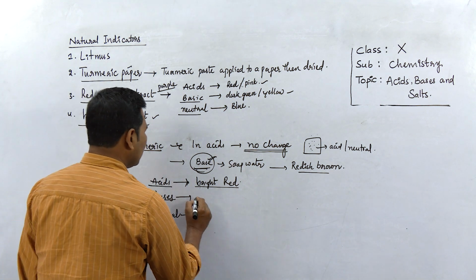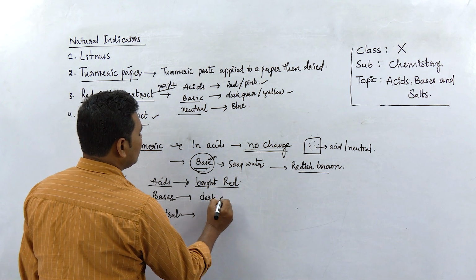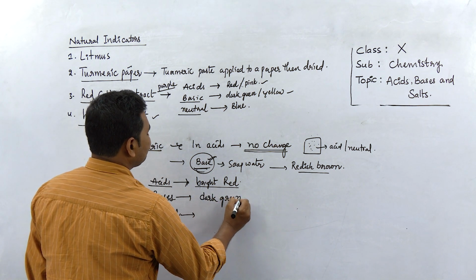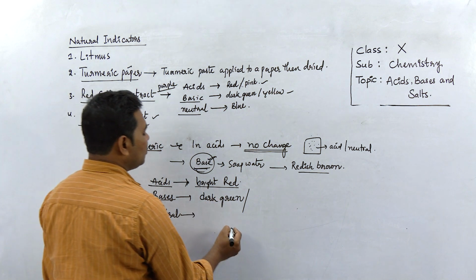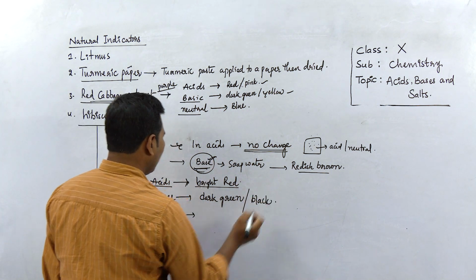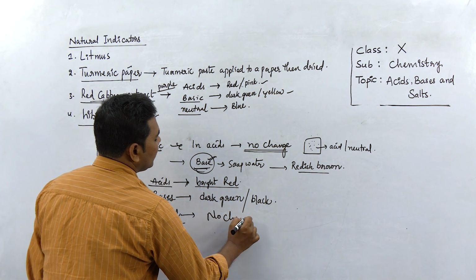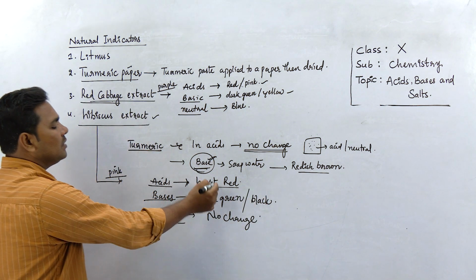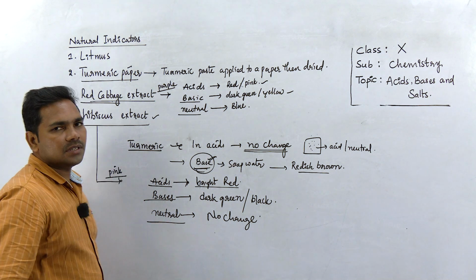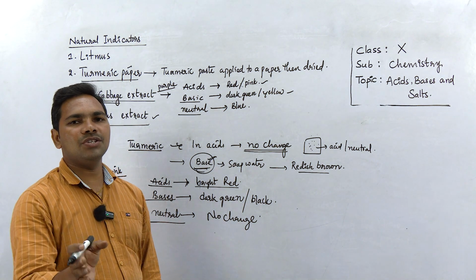And in bases, it turns into dark green or almost black. Then in case of neutral, we see no change in color. So by changing the color, this hibiscus extract is able to indicate the nature of the solution.